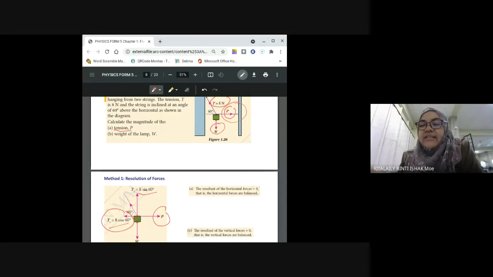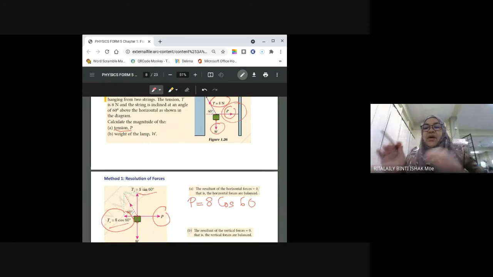So since the object is in equilibrium, so we know that P must equal 8 cos 60 because the object is not moving. Therefore, they are in equilibrium. And when forces are in equilibrium, opposite forces parallelly should be the same. Okay, so P, kira lah berapa?